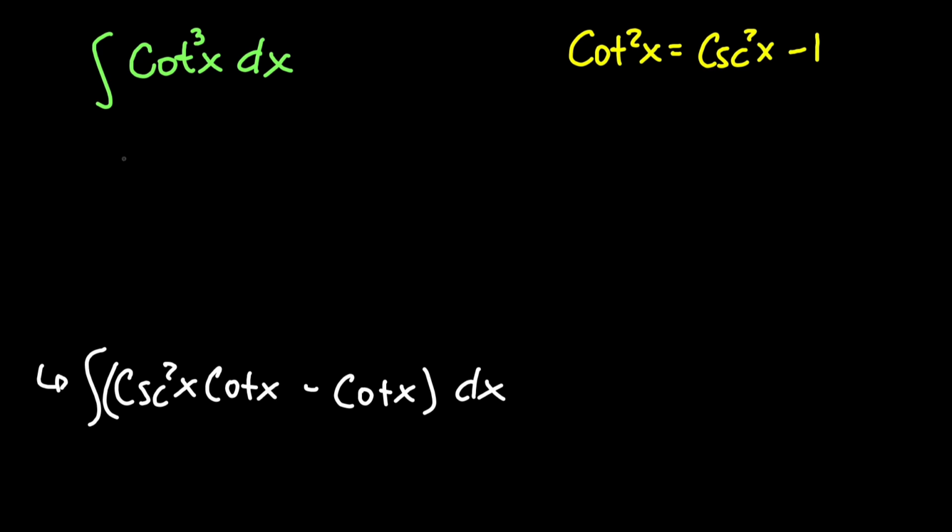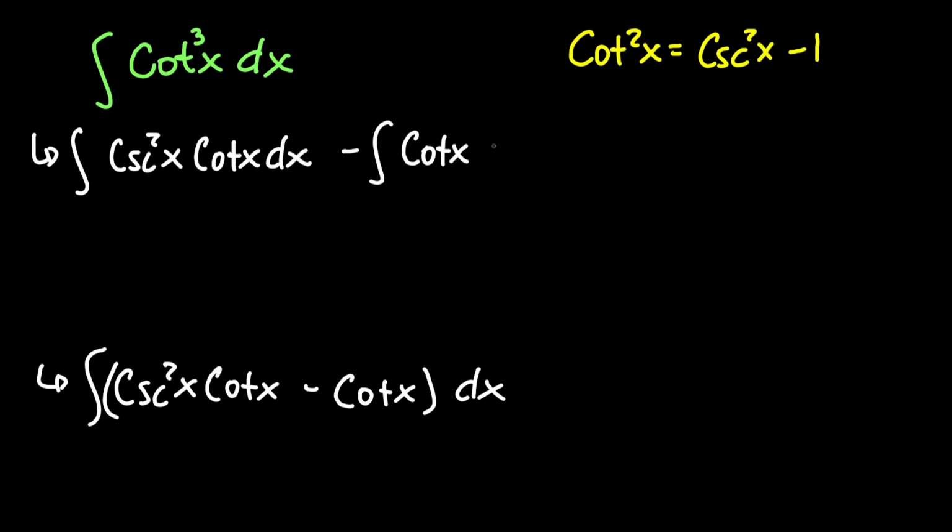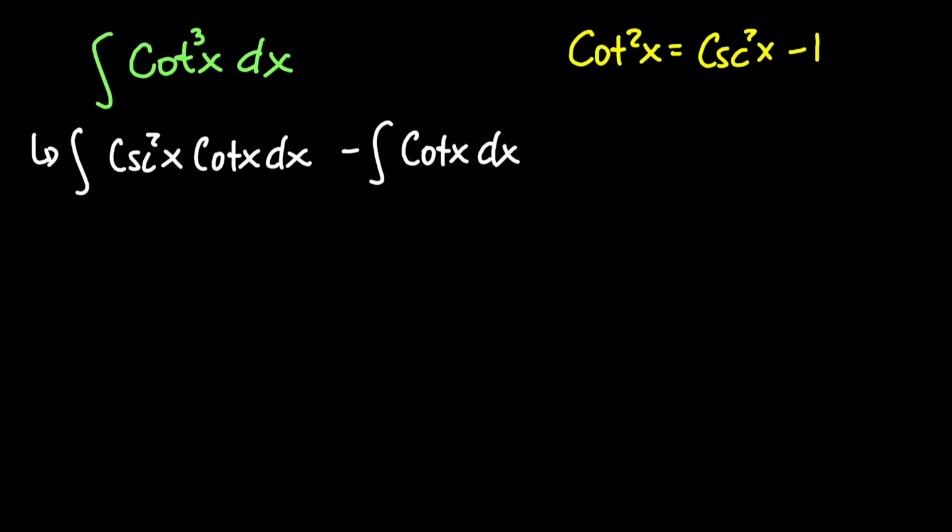We can now split this integral into two parts. And so that we have that, we must focus on this first integral. Let u here be cotangent of x, and the derivative of cotangent of x would be negative cosecant squared of x dx.